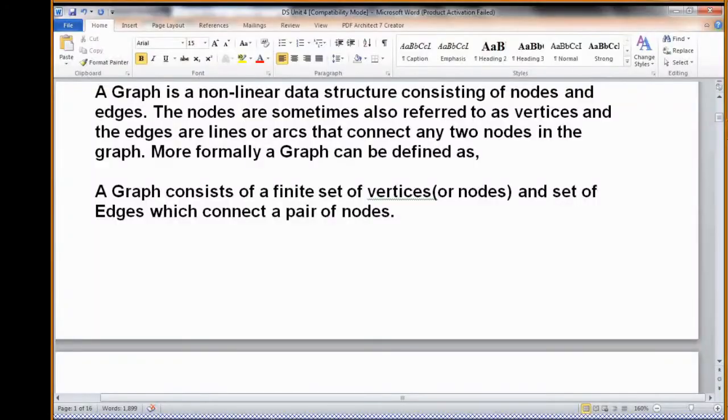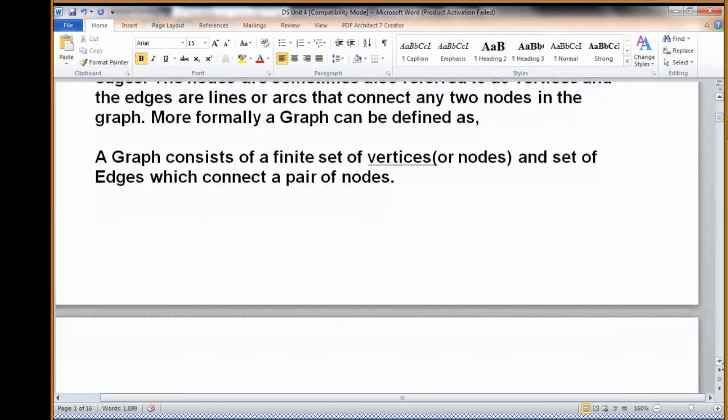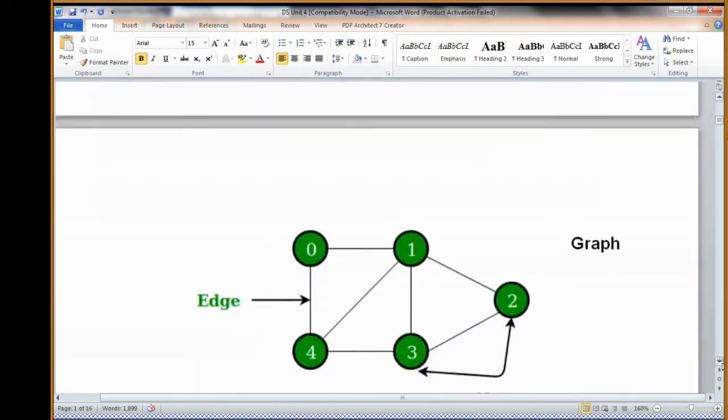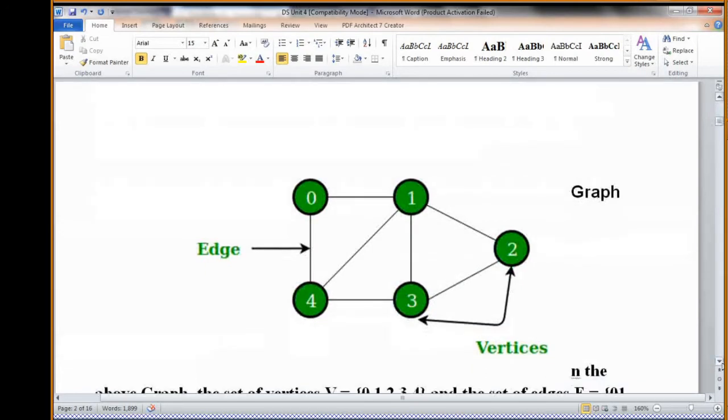Okay. So, a graph consists of a finite set of vertices, we can call them nodes, and a set of edges which connect pairs of nodes. So, a graph will be defined like this. Now we'll see what exactly a graph represents. Here 0, 1, 2, 3, 4, we call them vertices.